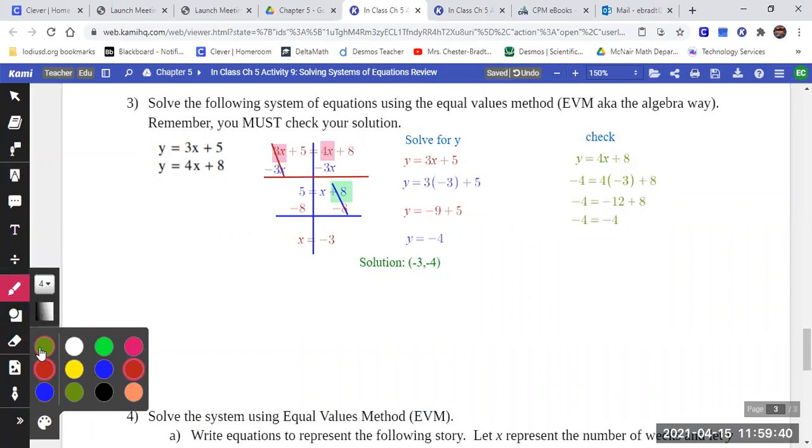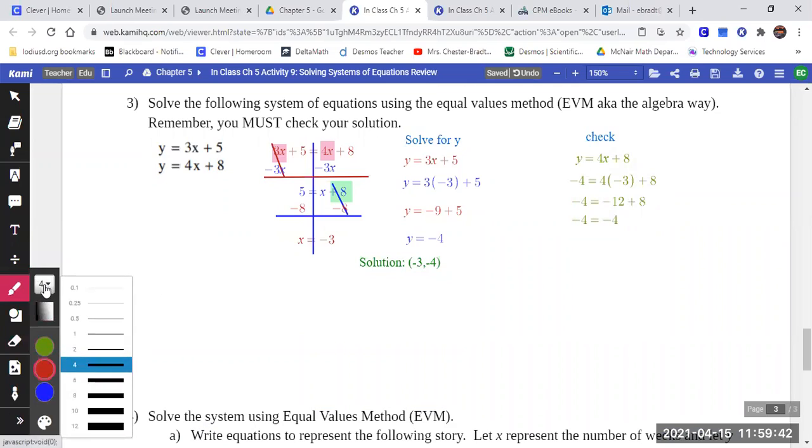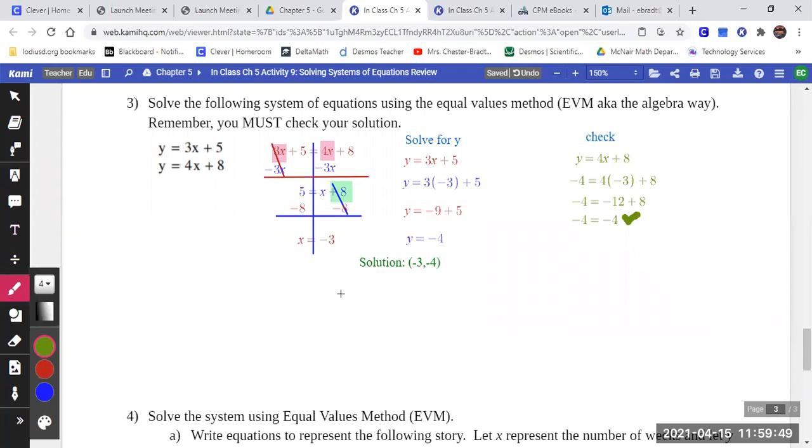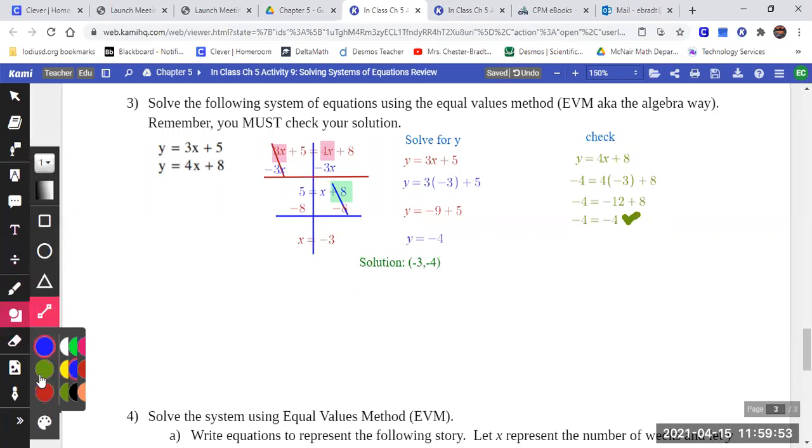If it didn't check out, you need to go back and look at some of your work because maybe you added when you should have been subtracting, or you added when you should have been multiplying. I can tell you during high stress situations, during tests and stuff, I have seen plenty of students say 2 times 3 is 5.